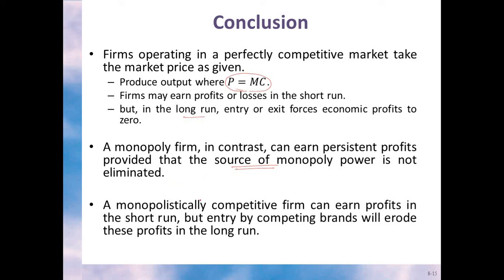And for a monopolistic competitive firm, just like perfect competition, they can earn profit in the short run, but in the long run, if new firms enter, the profit will be eroded and they will get zero economic profit, like perfect competition.